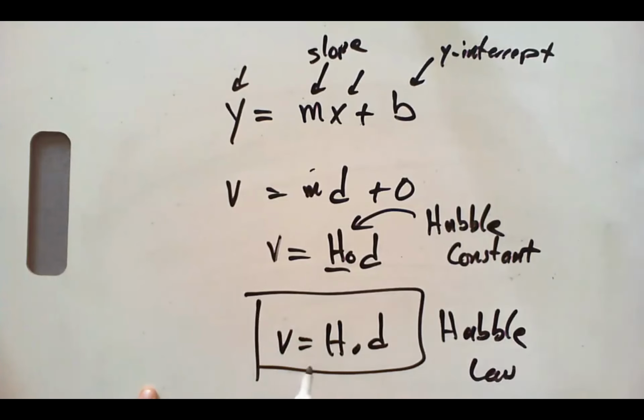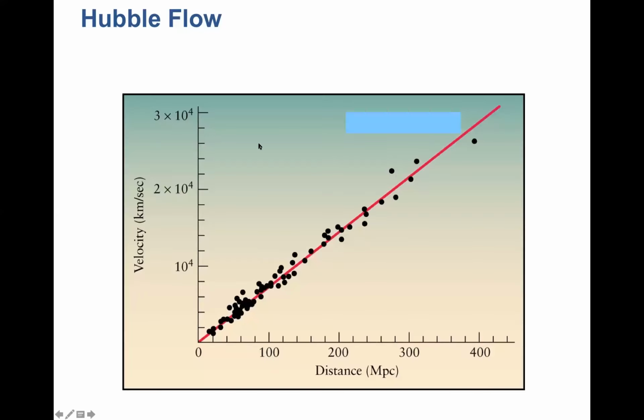It describes, for a galaxy at a given distance, what its velocity is expected to be from this law, and at a given velocity, what we expect the distance to be.